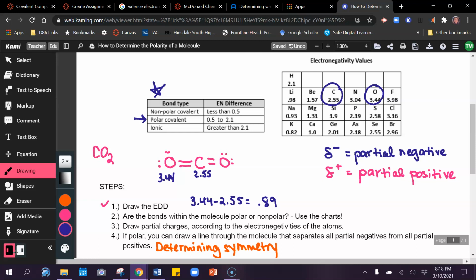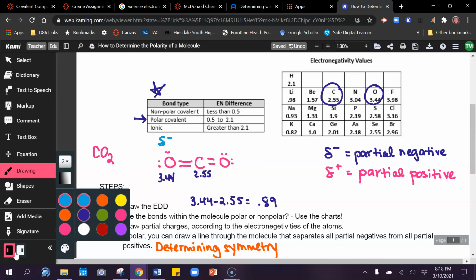Since it's polar, we have a separation of charge, and I need to assign my partial negatives and my partial positives. Because oxygen has a greater electronegativity value, oxygen will have a partial negative charge, while carbon will retain a partial positive charge. So this bond is polar.